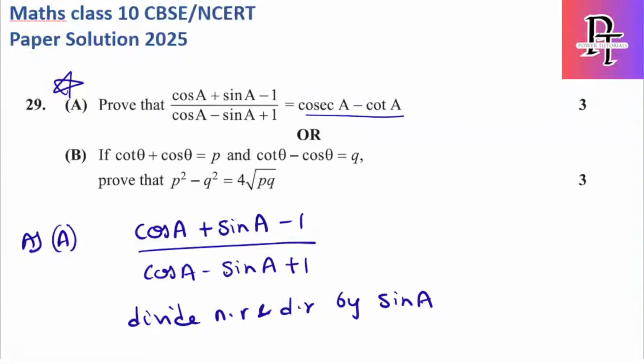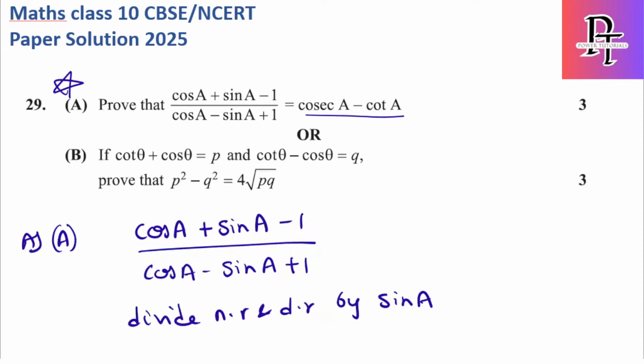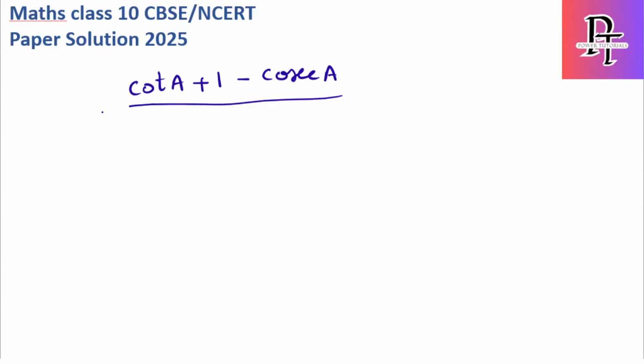If I divide by sine a, what is cos by sine? Cos by sine is cot a, sine by sine is 1, minus 1 by sine is cosecant a. Same as the denominator, cot a minus 1 plus cosecant a.